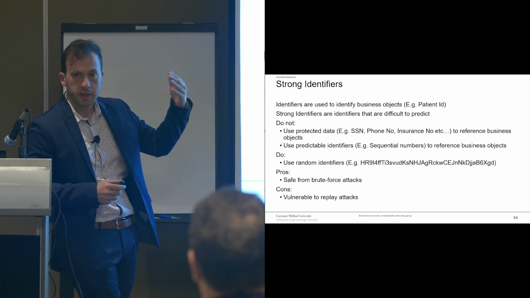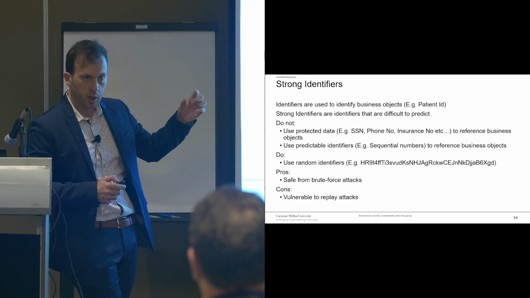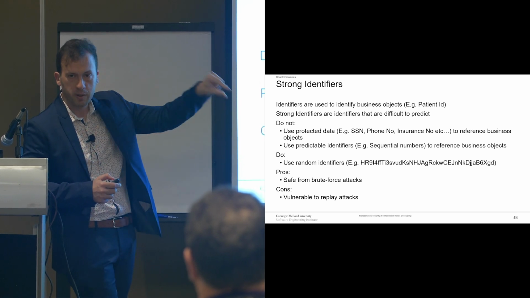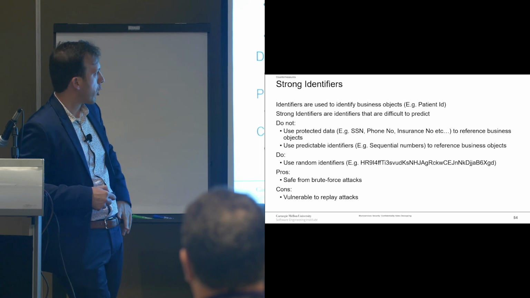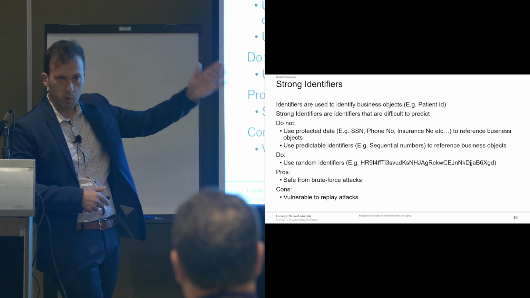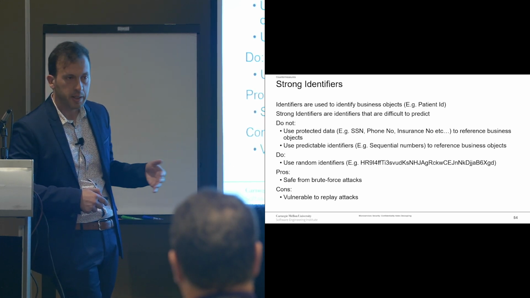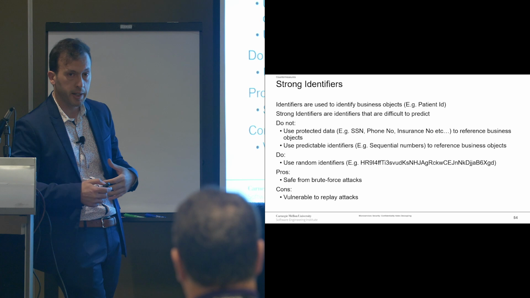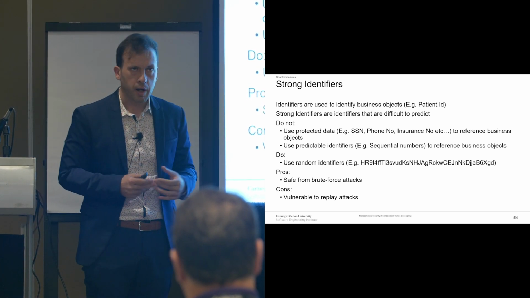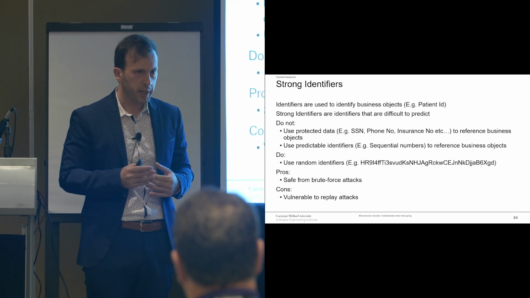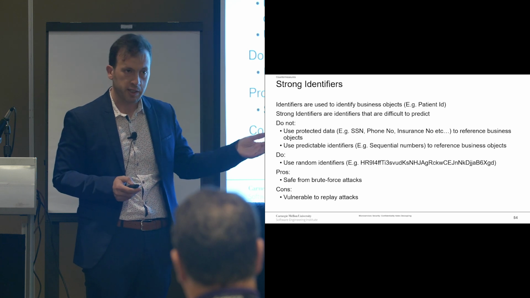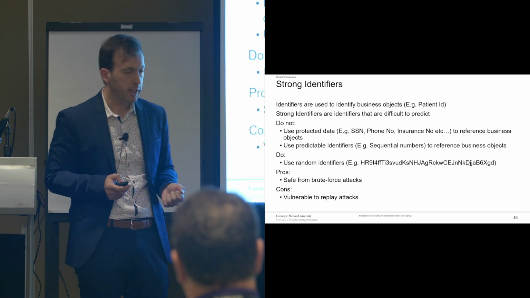For example, in the database of appointments, we shouldn't use the SSN to say that this appointment is for this patient. We also should not use predictable identifiers, such as sequential numbers 1, 2, 3, 4, and so on. These are predictable. For example, I can make requests for the patients with IDs from 1 to 10,000. Because they are sequential, they are highly predictable.